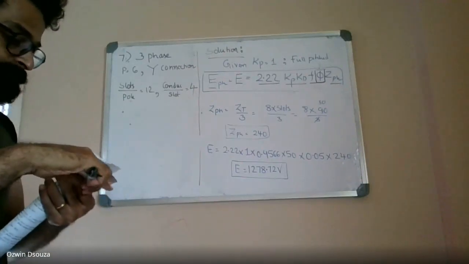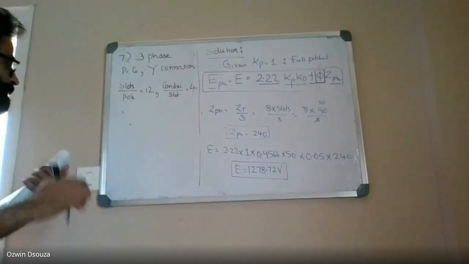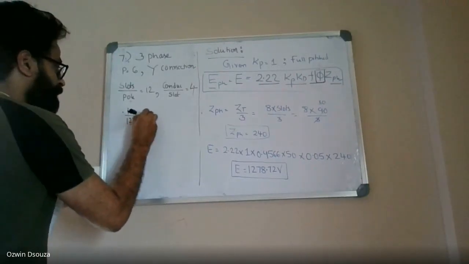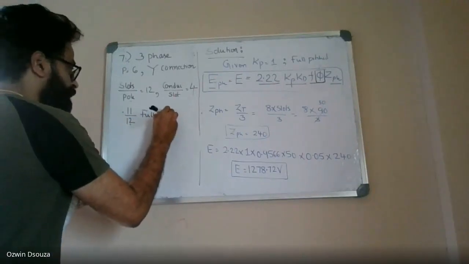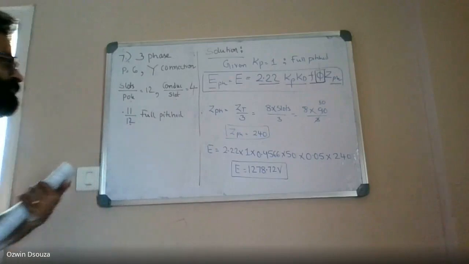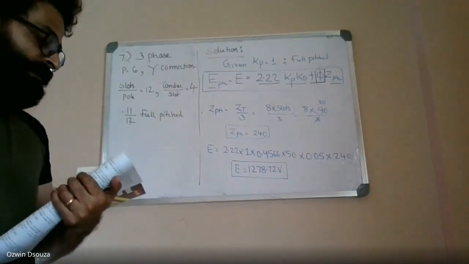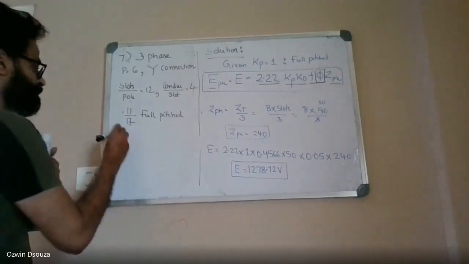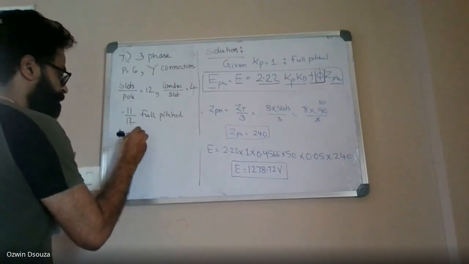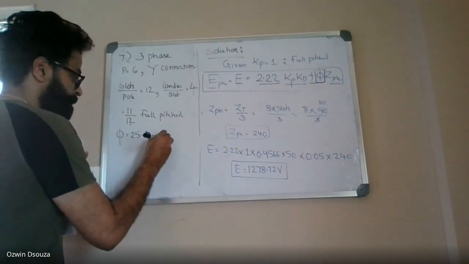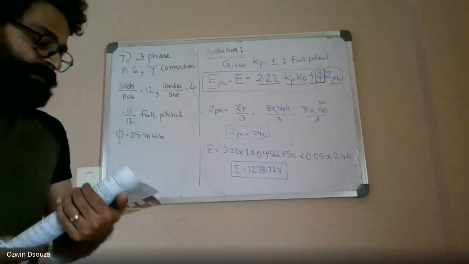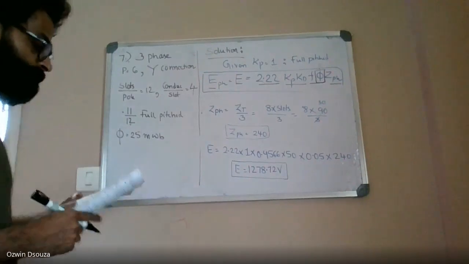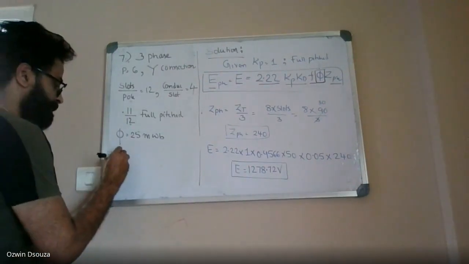The winding is 11 by 12 full pitched. A flux of 25 milliweber is sinusoidally distributed along the air gap.